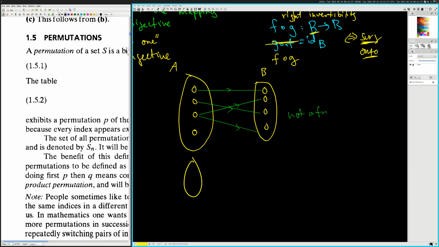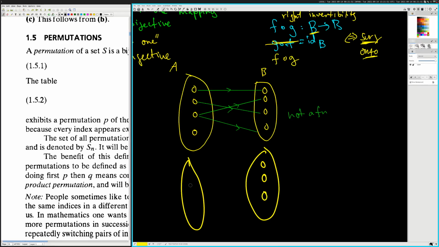Number one, it's one-to-many, and number two, you're not allowed to have partially defined functions. Here is an example of a function. So if I have 3 buttons over here and only 2 over here, this is a function.